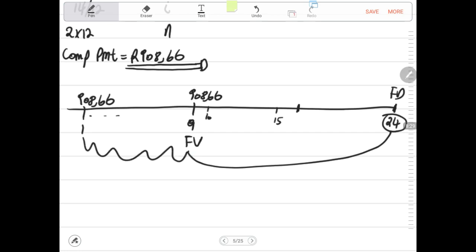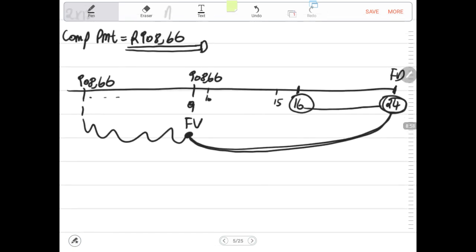Then we say the amount at the end of month 24 minus 25,000 will give us the remaining balance that needs to be paid off from month number 16 to month number 24. Then I will be using that difference to calculate the increased payments from month number 16.